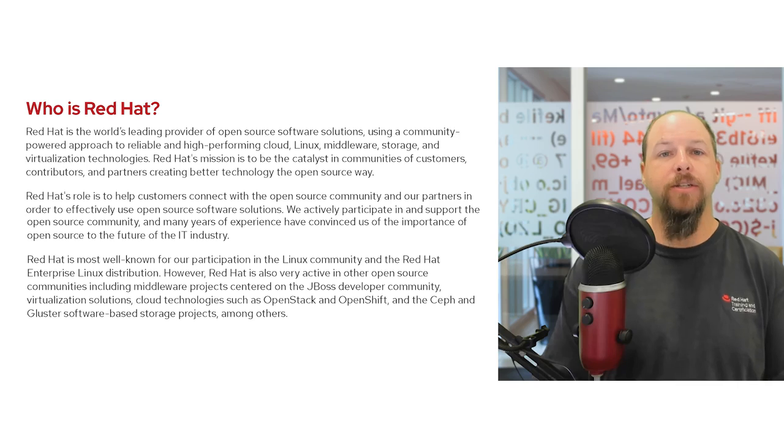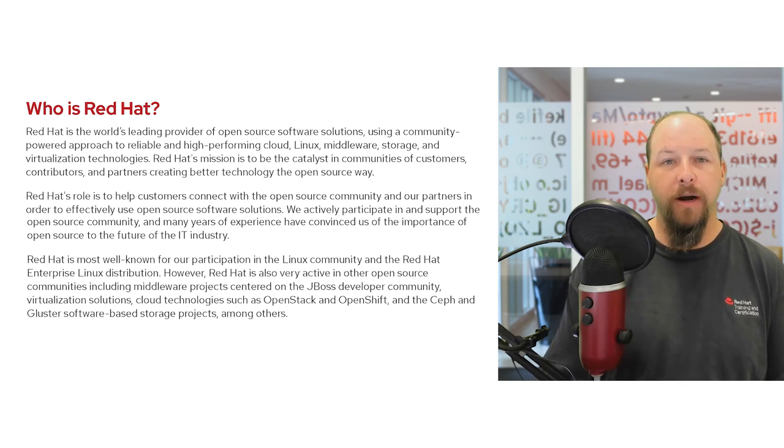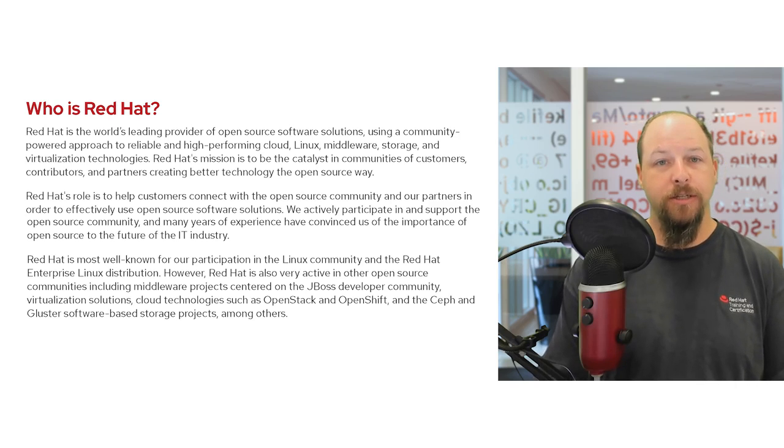Red Hat layers a service layer atop the open source software to enable enterprise solutions that can be trusted in any walls. While Red Hat Enterprise Linux is our flagship product from the inception of the company, we contribute in many other open source technologies, such as OpenStack, a cloud orchestration tool, or OpenShift, a container management platform.